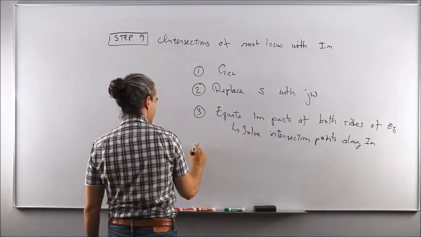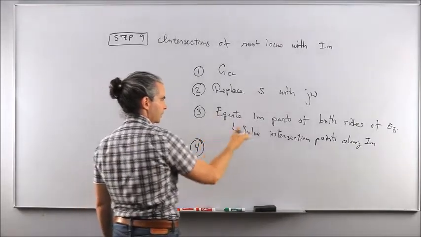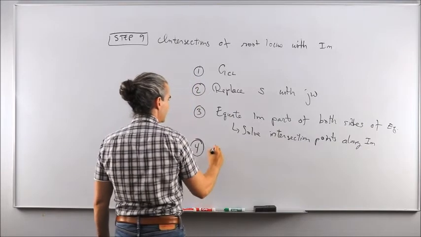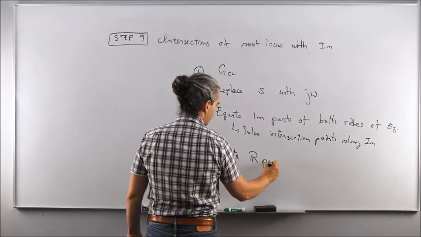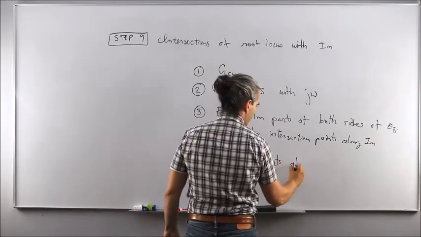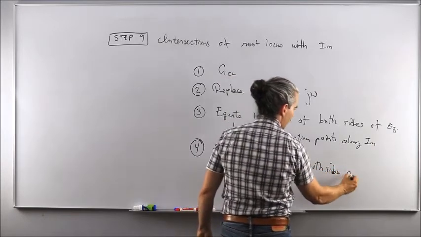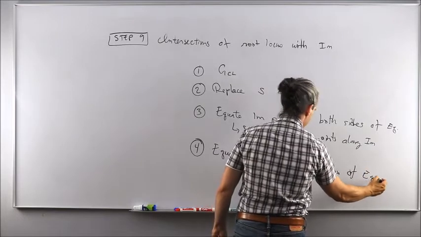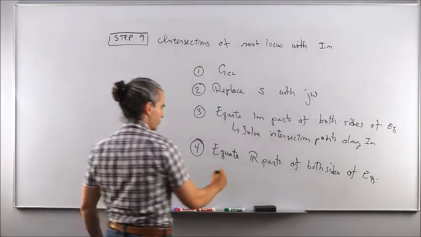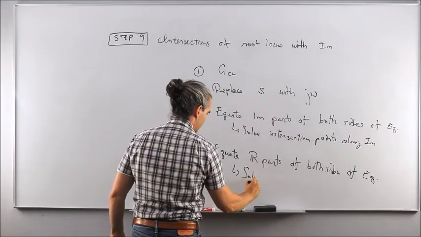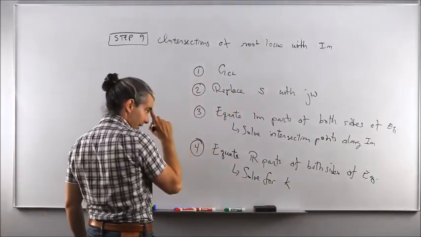If you are also interested in calculating the gain value that would make the poles intersect the imaginary axis at those specific points, then you also need to equate the real parts on both sides of the equation. Okay? And that would be to solve for the gain value at the intersection.